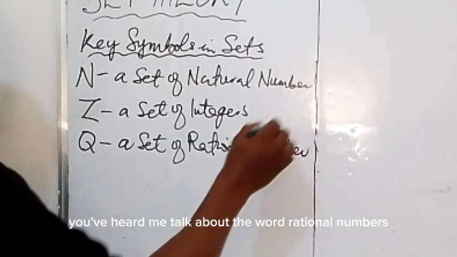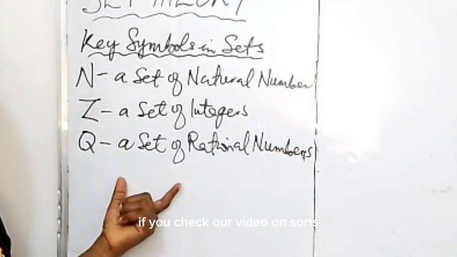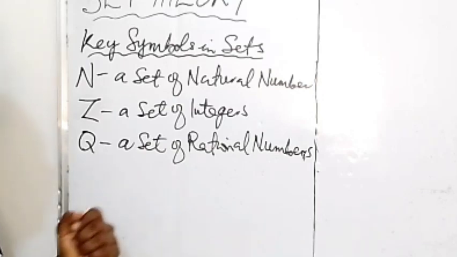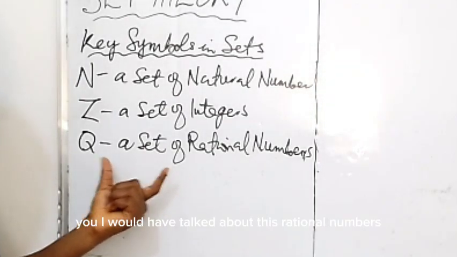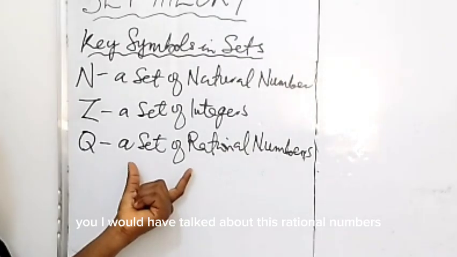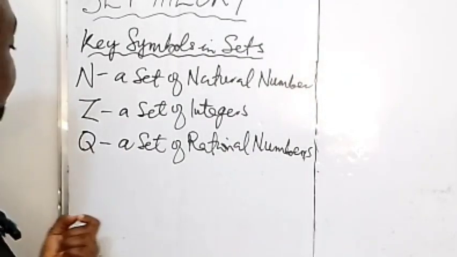I'm sure you've heard me talk about the word rational numbers. If you check our video on sorts and our video on fractions, I would have talked about these rational numbers. The link will be added in our description.